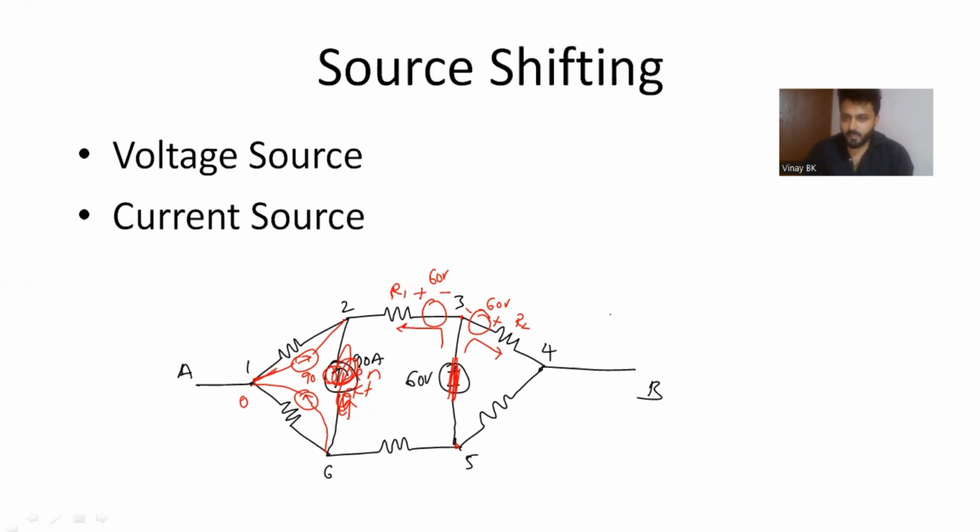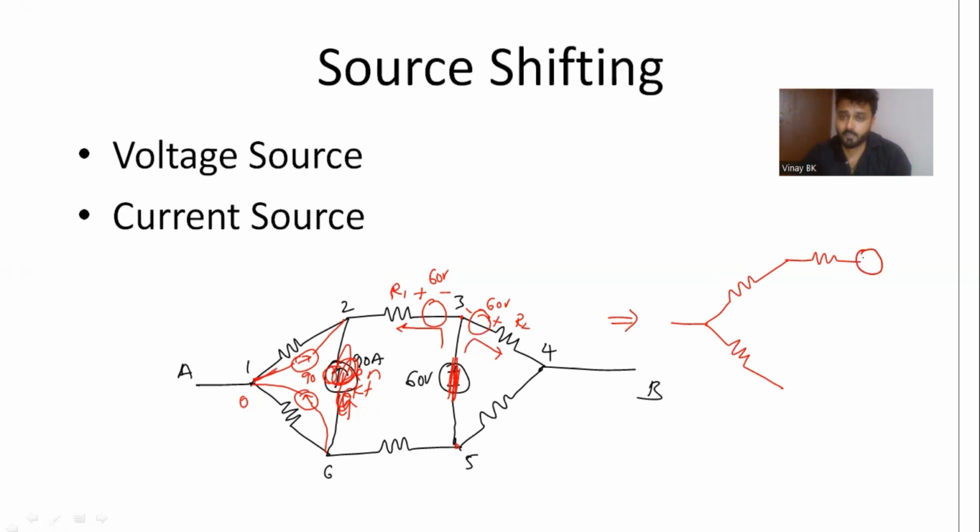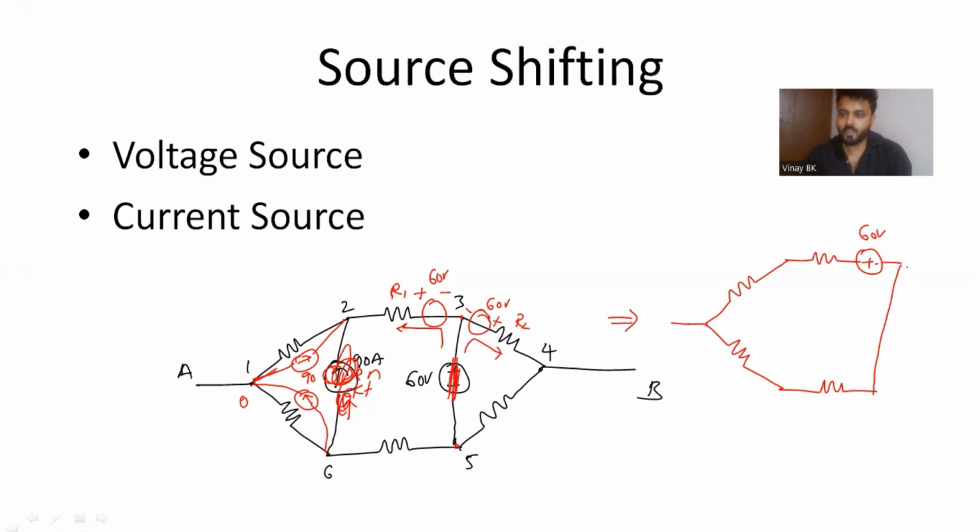So if you rewrite this circuit diagram from A, you can see there will be some resistor. I am not writing any values. Like this, if you're shifting the voltage source, here you will get plus and minus of 60 volts. Similarly, there is a resistor here, and the original voltage source becomes 0, and here again minus and plus of 60 volts.